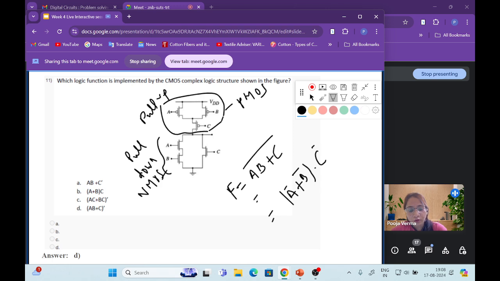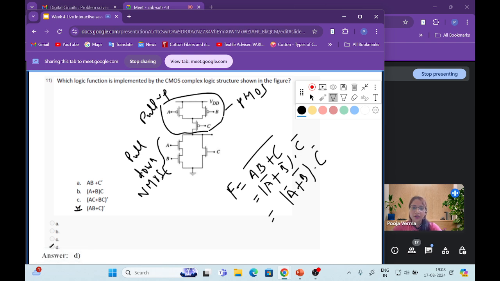If you expand it, you will get the same answer: A bar plus B bar into C bar. So the output is AB plus C dash. Option D is the correct answer.